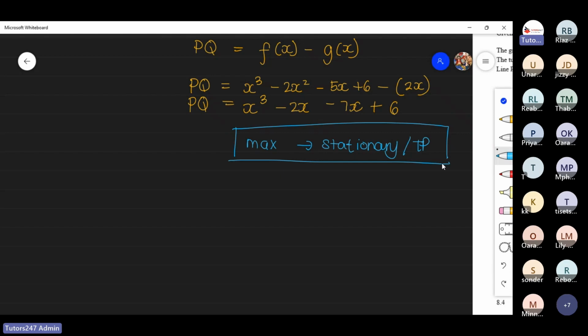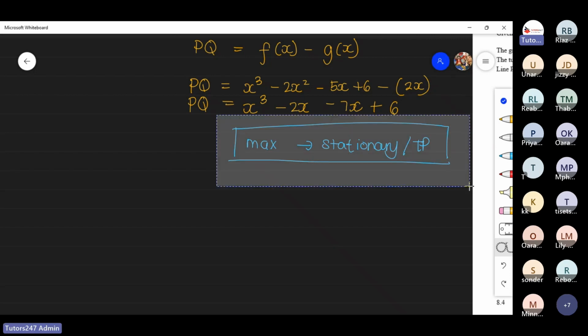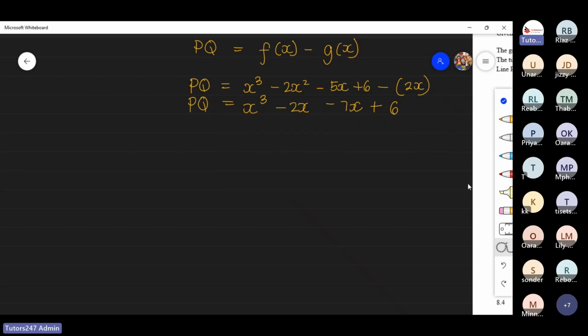So all we are now going to do for this particular question is to find the maximum of PQ. So how do we do that? We've previously done it already. In a way, question 8.3 is a repetition of 8.2. All we're doing is finding stationary points.